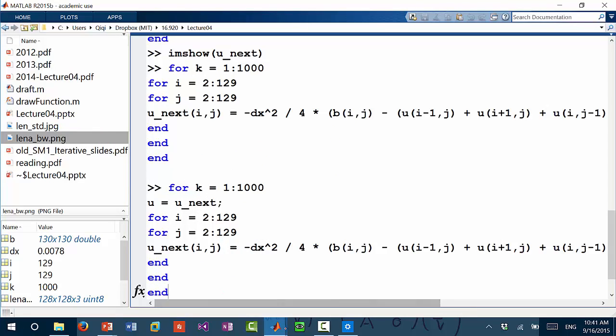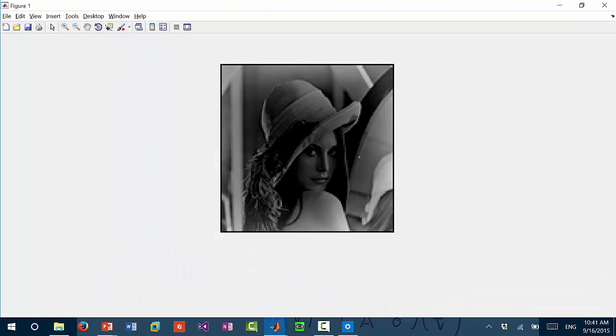Do you have a question like why the solution looks a little bit dark in the middle? The boundary is zero, but I should get exactly the solution if I solve it exactly, right? I didn't solve it exactly, right?